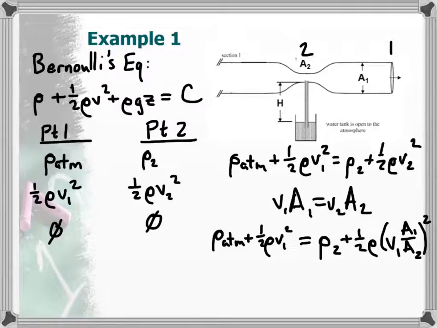It tells me that A1 is twice the amount of A2. So this right-hand side we can write as 1/2 rho V1 squared times 2 squared.